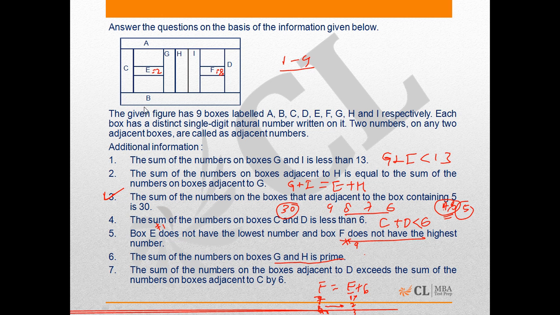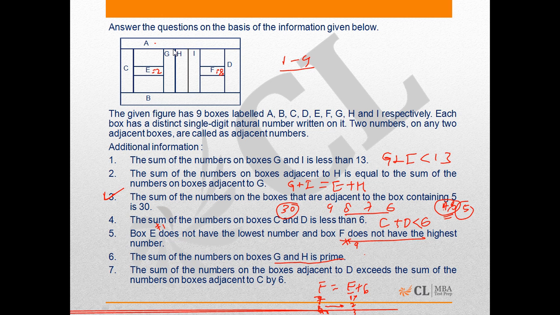If we consider that box A has 5, then the sum of the numbers in the boxes adjacent to A has to be 30.